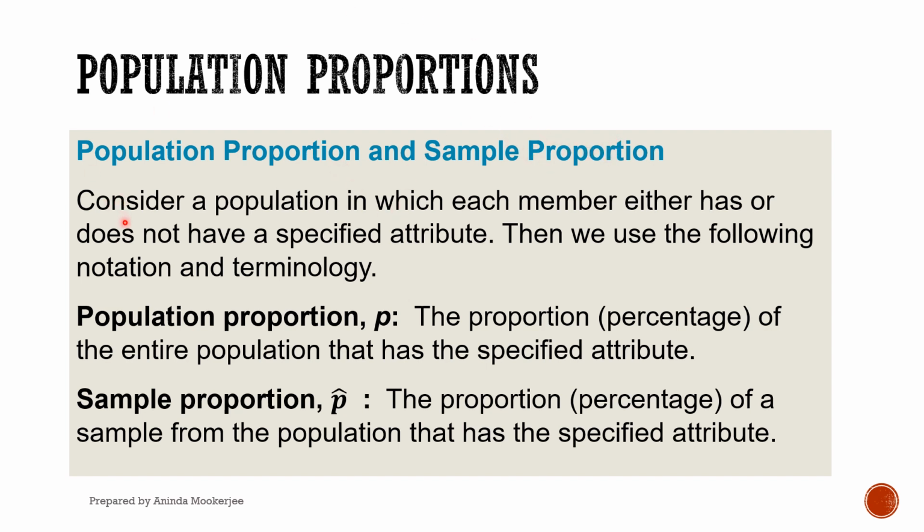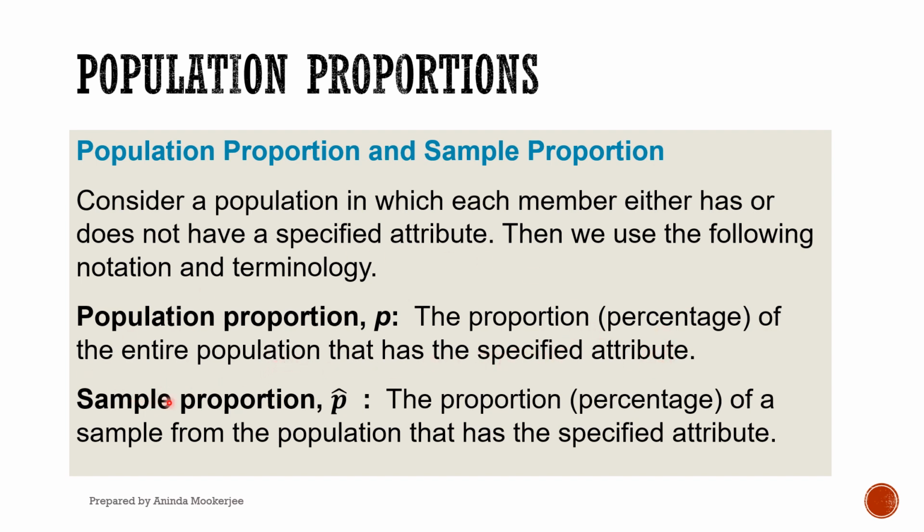So it says here, consider a population in which each member either has or does not have a specified attribute. Then we use the following notation and terminology. The population proportion is represented by the lowercase letter p, and it is the proportion or percentage of the entire population that has the specified attribute.